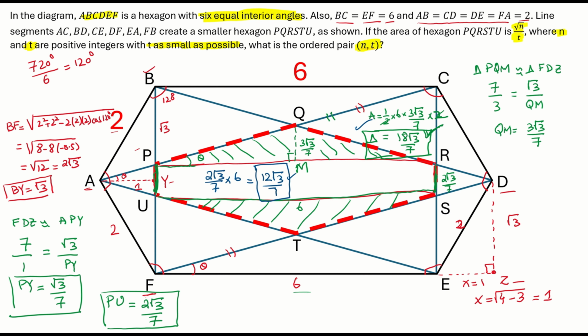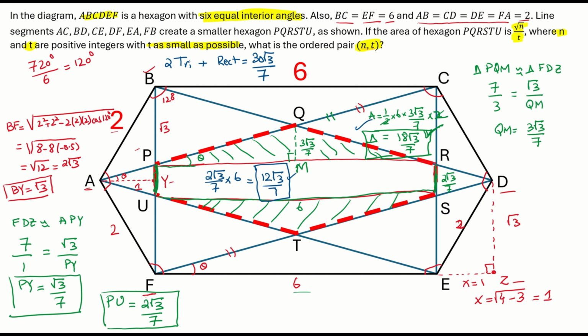So I have the area of the 2 triangles and the area of the rectangle. That will become 18 root 3 over 7 plus 12 root 3 over 7. That will be equal to 30 root 3 over 7 here.